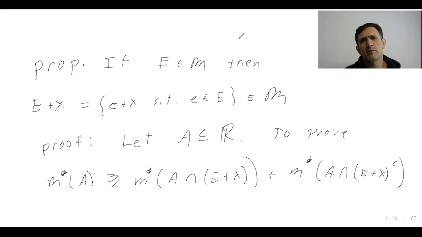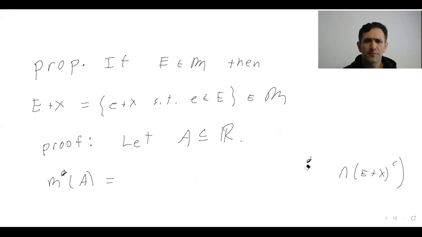Well, it's more clear to directly prove equality, and certainly that's a definition of measurability of E plus x. It's always enough to prove the hard half, which is bigger or equal to, but it's more clear to directly prove that these are equal. I'm going to do that by focusing on the left-hand side. So let's get rid of all this and let's prove this.